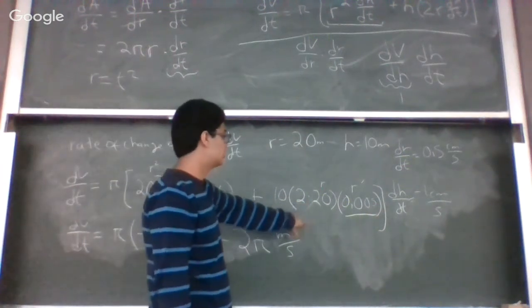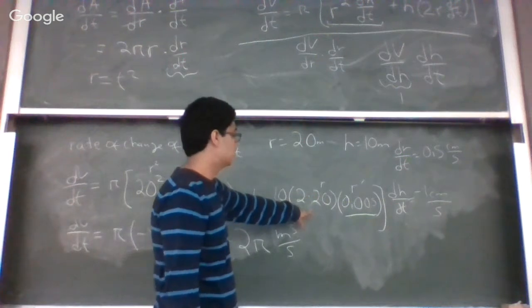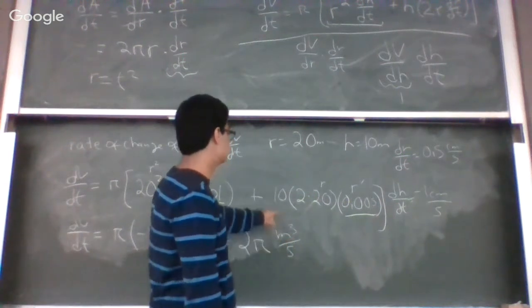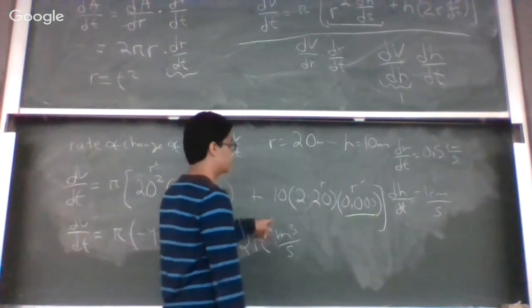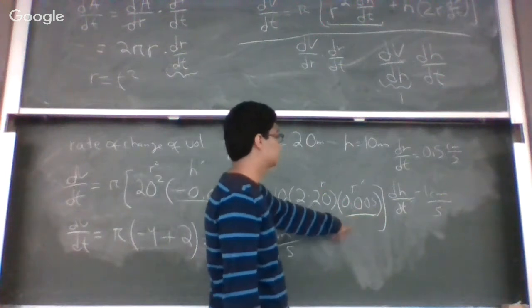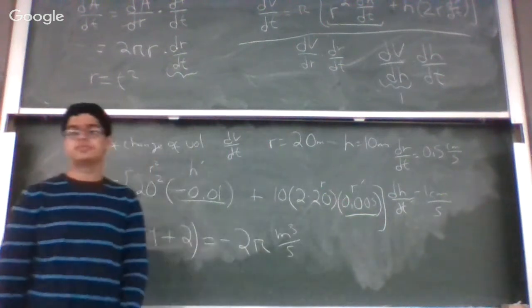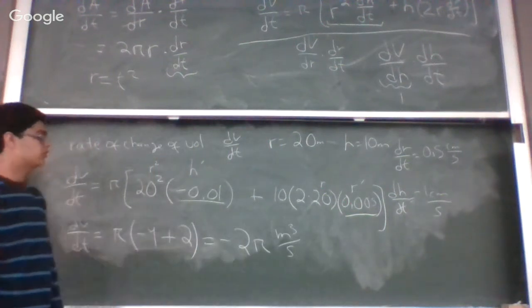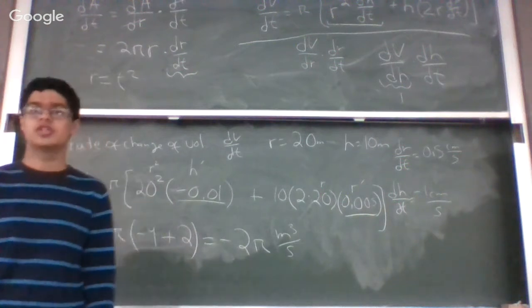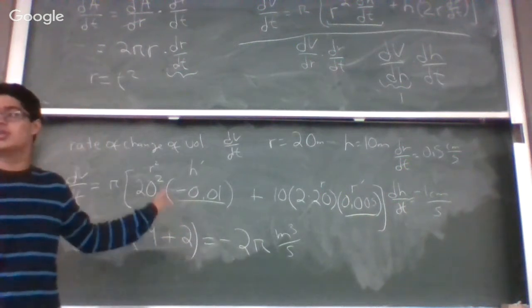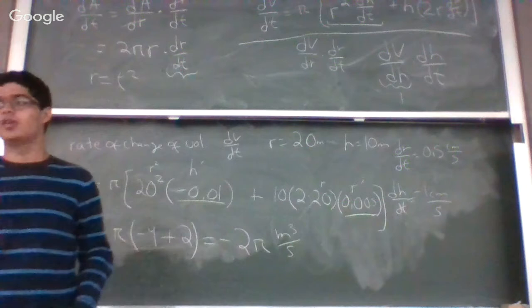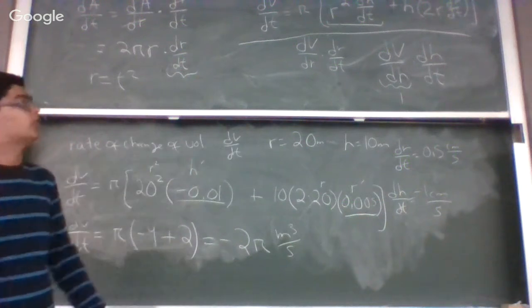Here we have r, which is meters, height, which is meters again, and the rate at which r is changing, meters per second. They all multiply up to be meters cubed per second. So if you look at the units and they don't add up to meters cubed per second, you probably messed up somewhere in the formula.